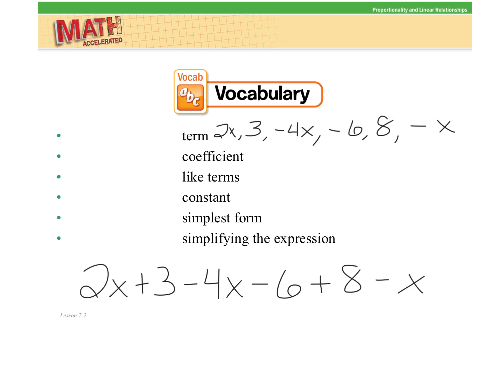Now going down, the next one is a coefficient. What do we think a coefficient is? Right, it's the number that goes with the variable. Okay, so if I have 2x, what's the number in front of the variable? What's the variable? X. Yep, the variable is the letter. Do we have another coefficient in there? Negative 4.